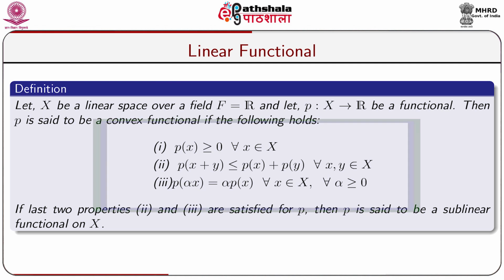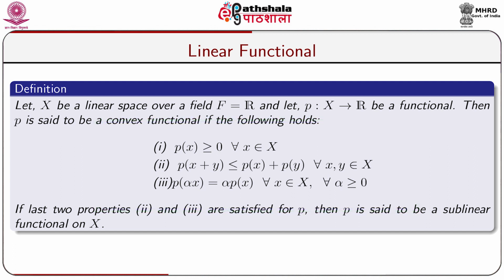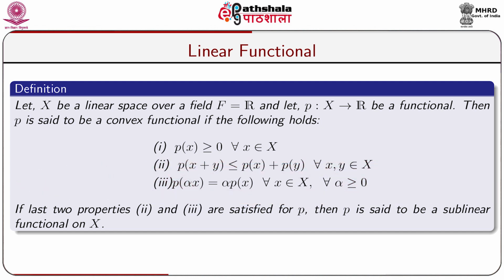Number 1, P(x) is greater than or equal to 0 for all x belonging to capital X. Number 2, P(x plus y) is less than or equal to P(x) plus P(y) for all x, y belonging to capital X. And number 3, P(alpha x) is equal to alpha P(x) for all x belonging to capital X and for all alpha greater than or equal to 0. If the last two properties, that is 2 and 3, are satisfied for P, then P is said to be a sublinear functional on capital X.